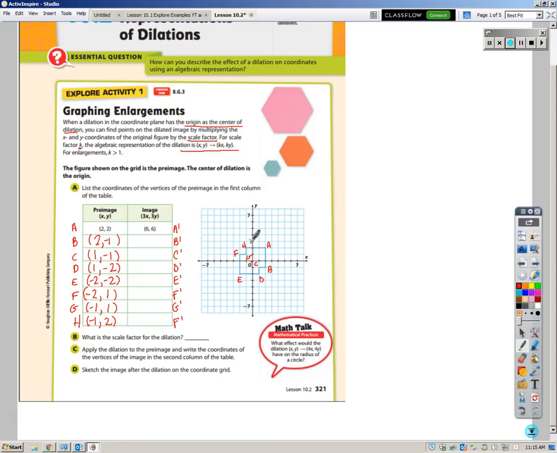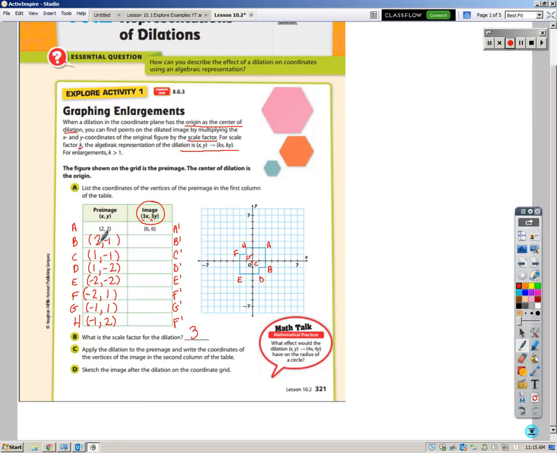That's all my coordinates for my vertices of this figure here. And now what it wants me to do is determine the scale factor for the dilation. Well, the way I'm going to do that is I'm going to go ahead and look at my algebraic expression here and notice that I've got 3 multiplied by my x coordinate and my y coordinate. So that actually means that my scale factor is 3.